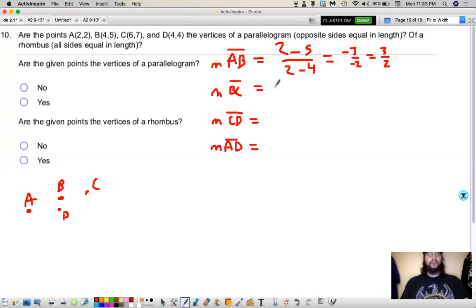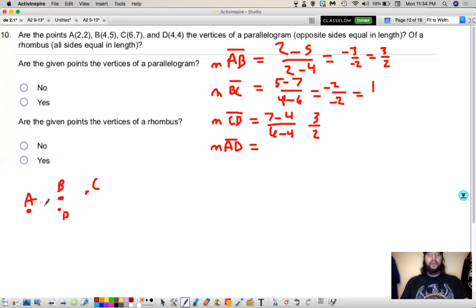Let's look for BC. 5 minus 7 over 4 minus 6. -2 over -2, so that's +1. Okay. CD, let's see. 7 minus 4 over 6 minus 4. It's again 3/2.